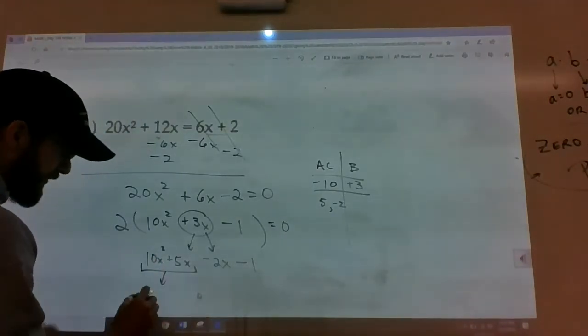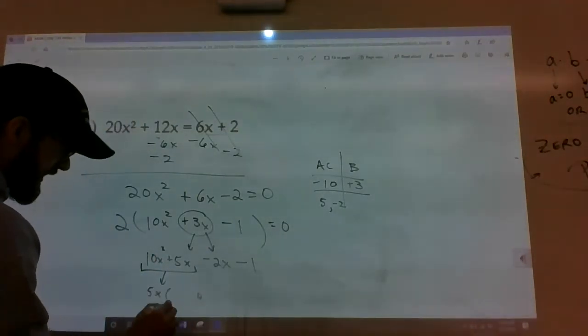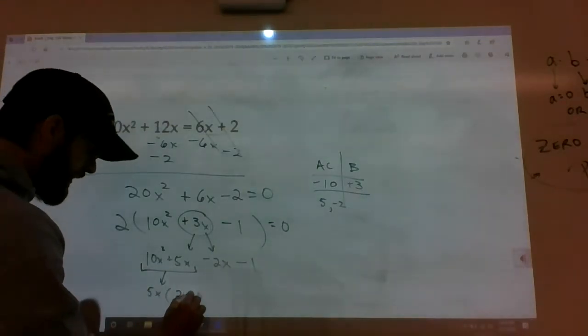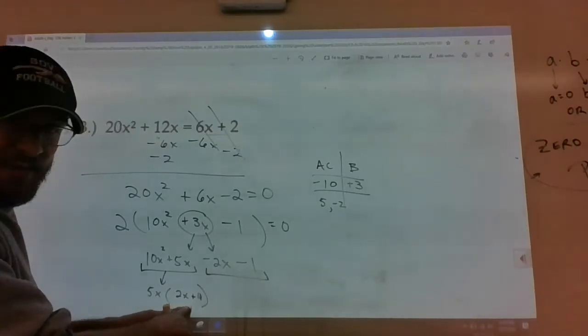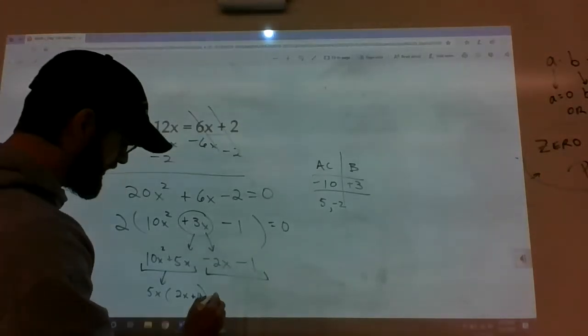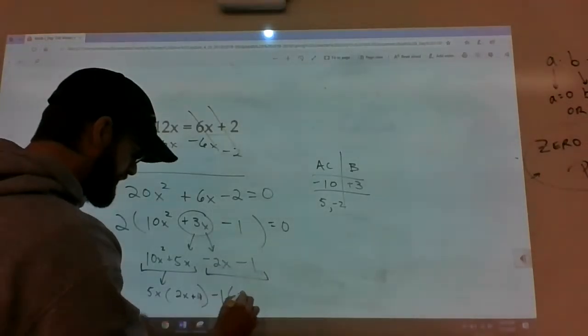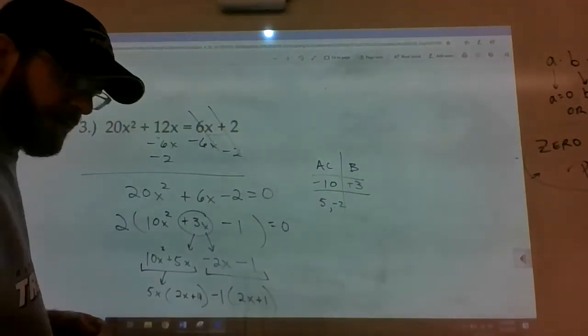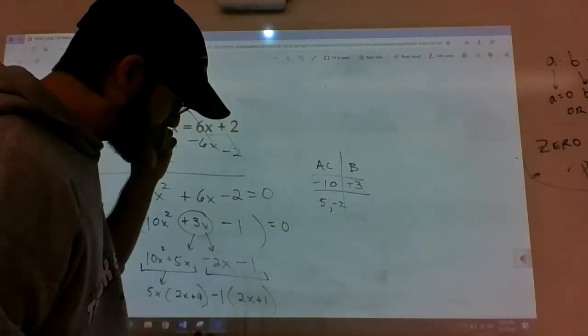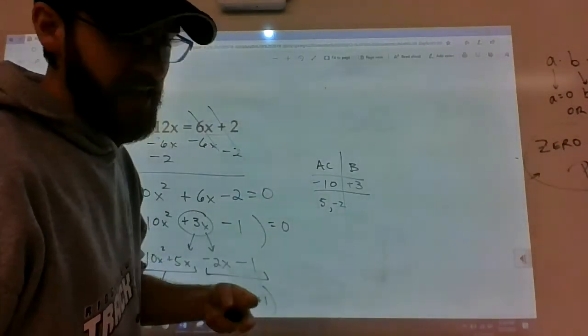When we group them together, you get 5x times 2x plus 1. I'm going to take out a negative 1 here to create the 2x plus 1 for the leftovers. So 2x plus 1. Remember, this whole thing's going to equal 0, but I'm just focusing on the factoring right now, so I don't have to put the equals 0 down on every single step.